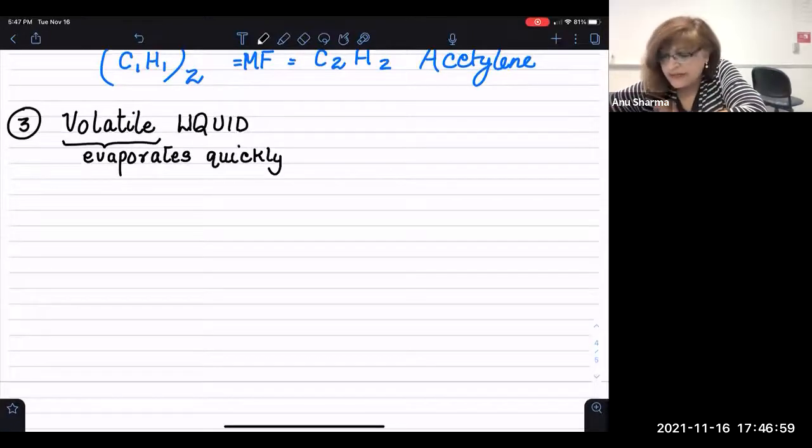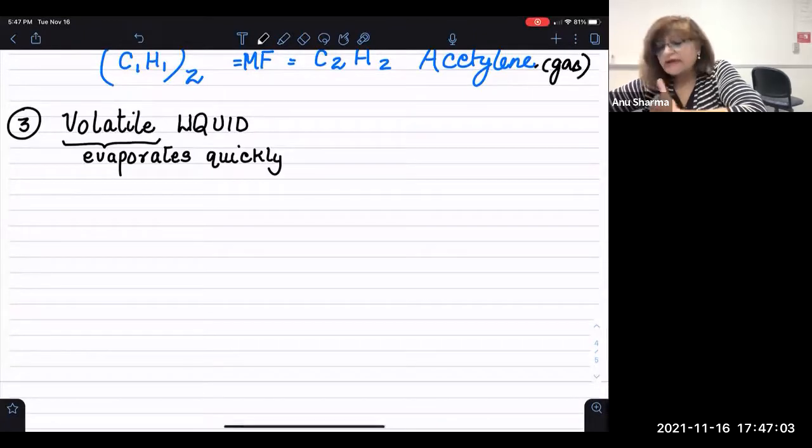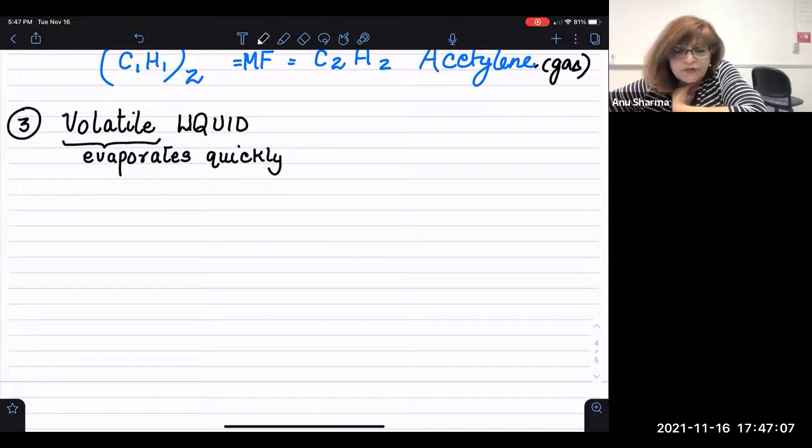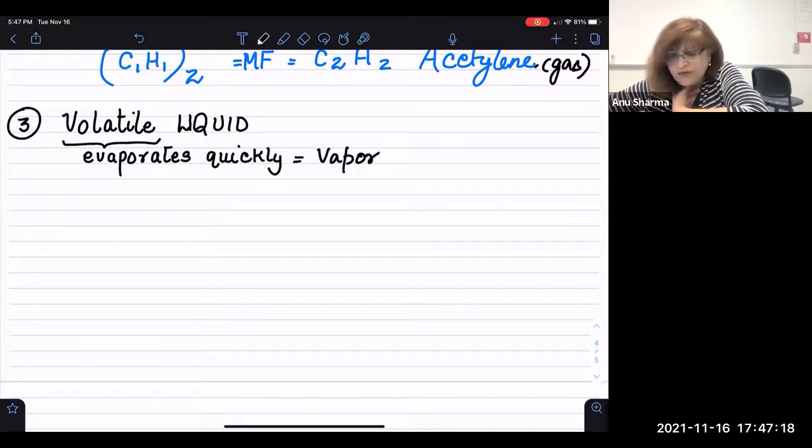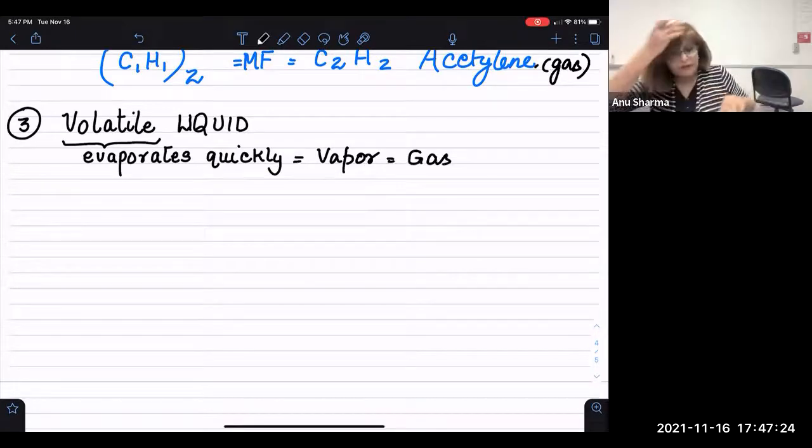Acetylene is a gas. Now look at the next: the liquids evaporate quickly and they create vapors. And these vapors are thick, they're like wet, but they are still in the gaseous state. These vapors are the gases of the liquids that evaporate quickly, and they have their own pressure and so forth.